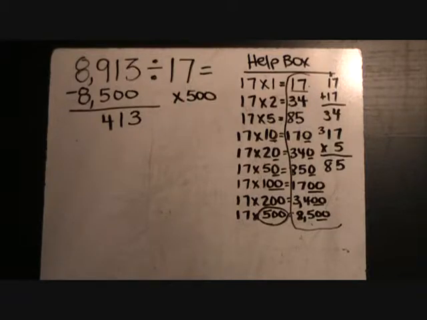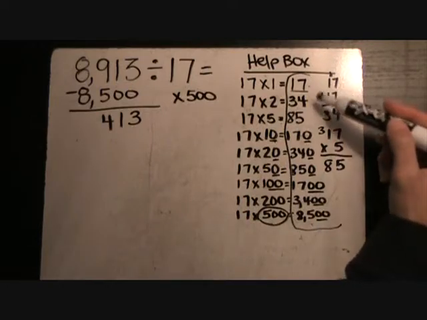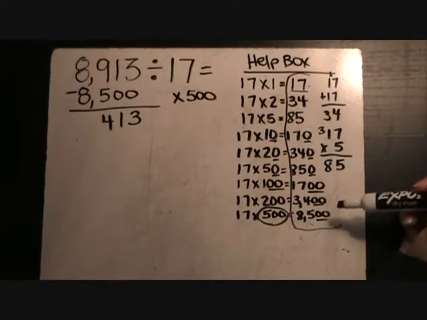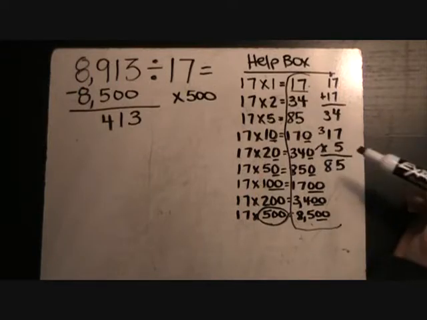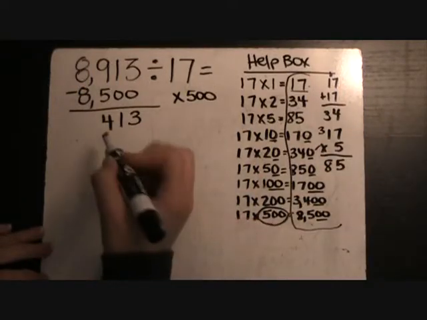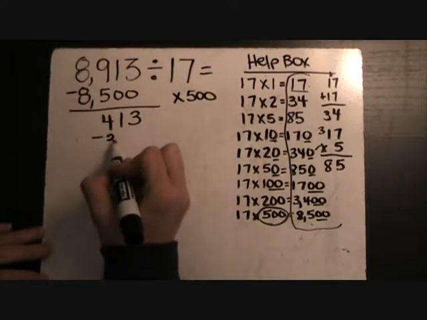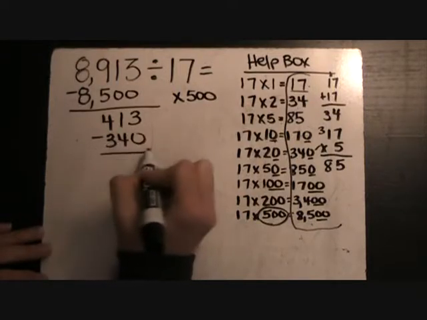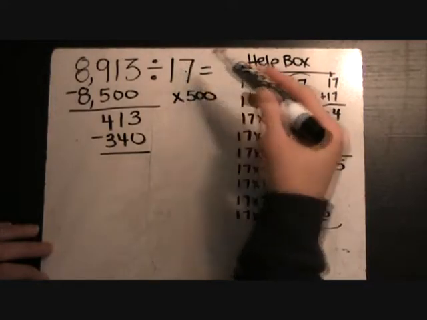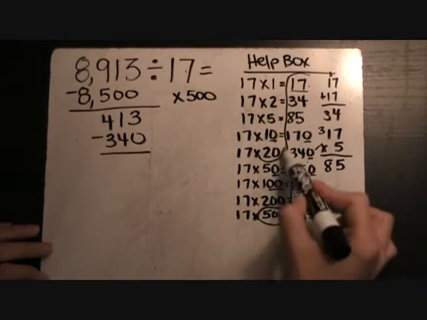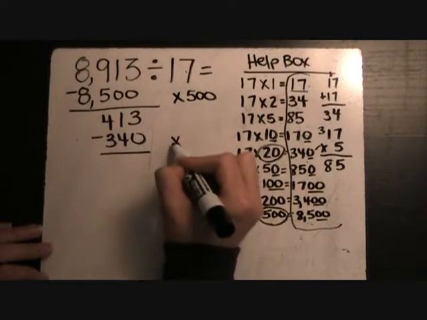Now I have 413, so I look back into my help box and I'm looking for the largest number possible that I could subtract from 413. The largest possible one that I see is 340. So I come over here and I say minus 340. And then to the side, I'm going to write what I multiplied 17 by to get 340, and that was 20. So times 20.